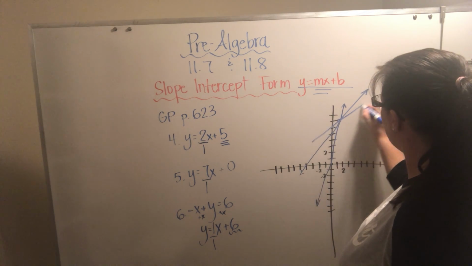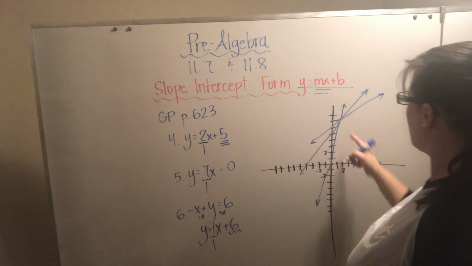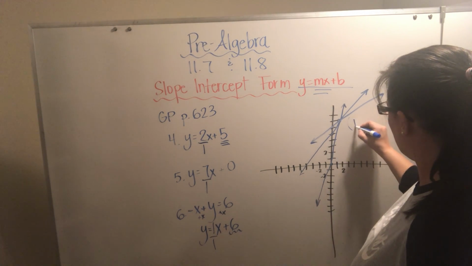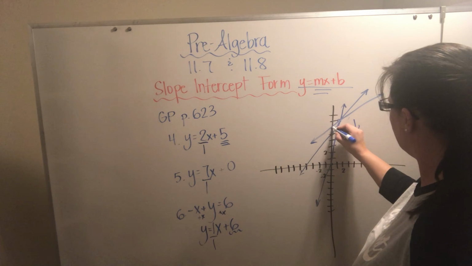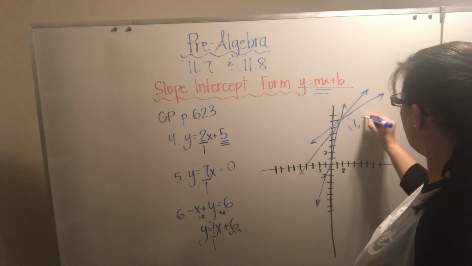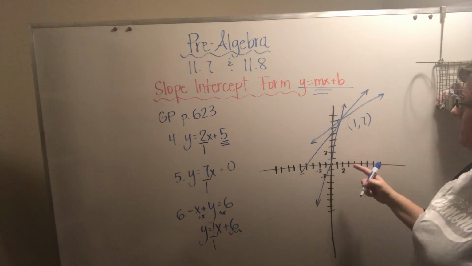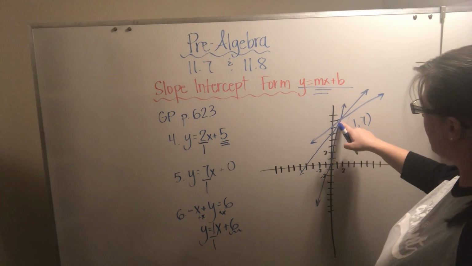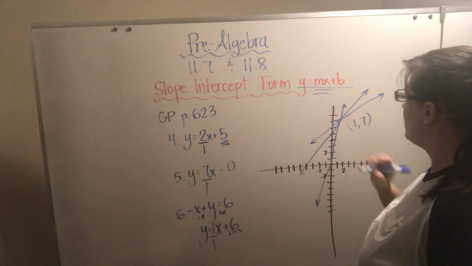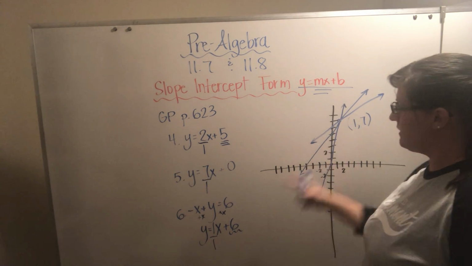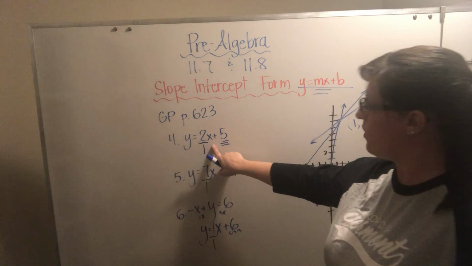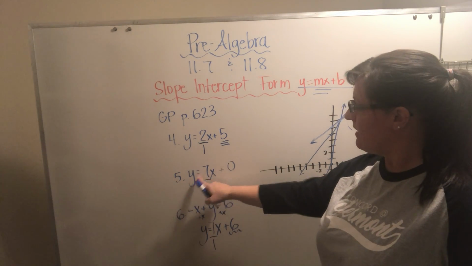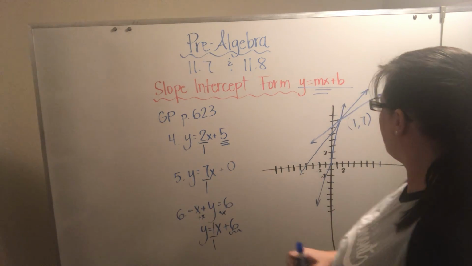Interestingly enough, these graphs all intersect at 1, 7. At some point you'll pay attention to that, but you'll see when graphed, interesting, those all came to intersect at 1, 7. That's a solution that actually works. If I plug 1 in for x in all these equations and solve it, it will equal 7.